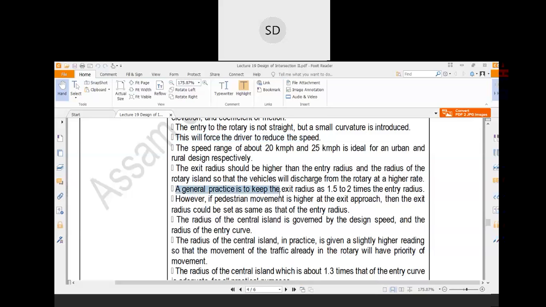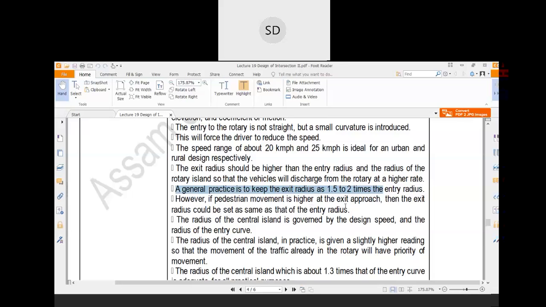A general practice is to keep the exit radius as 1.5 to 2 times the entry radius. So whatever entry radius you have put, suppose your entry radius is 10 meter, in such cases your exit radius should be 20 meter, like that. However, if pedestrian movement is higher at the exit approach, then the exit radius could be set the same as that of the entry radius.